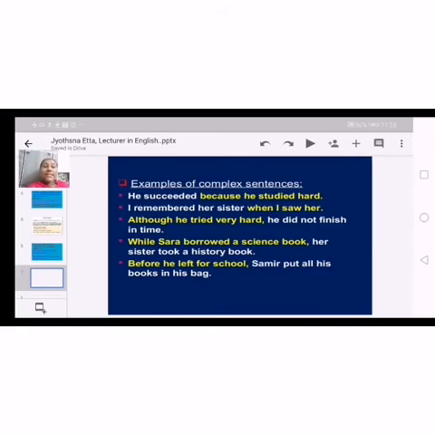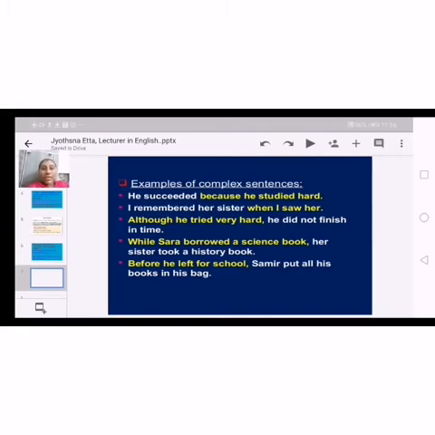So her sister took a history book is the main clause, while Sarah borrowed a science book is the dependent clause. So while is showing the timing.